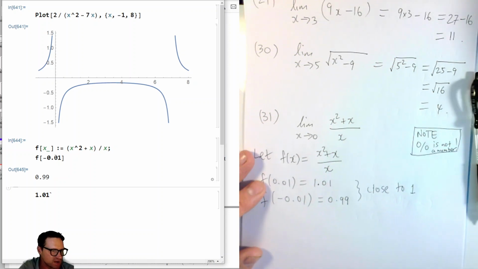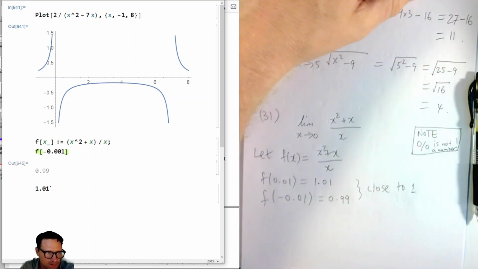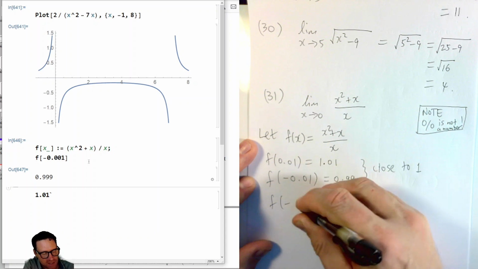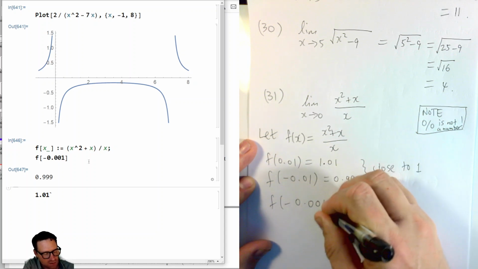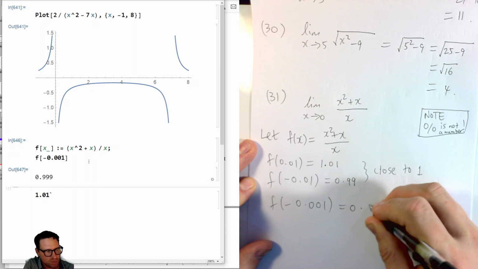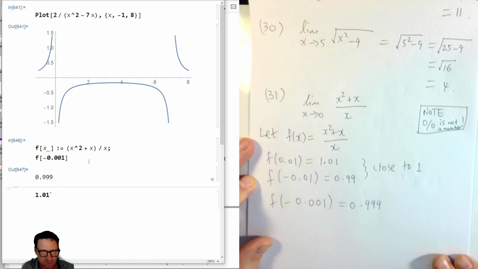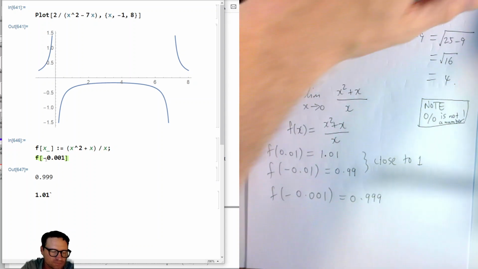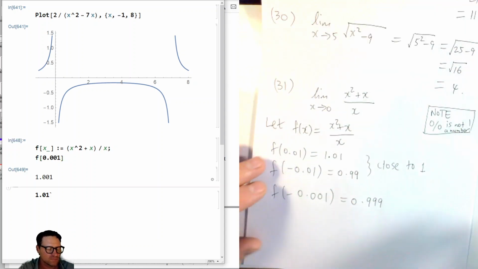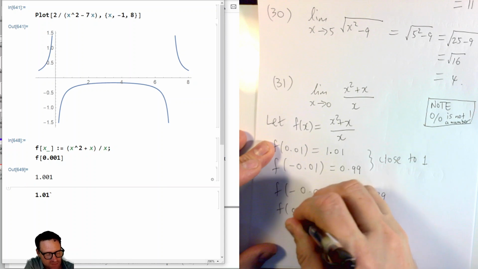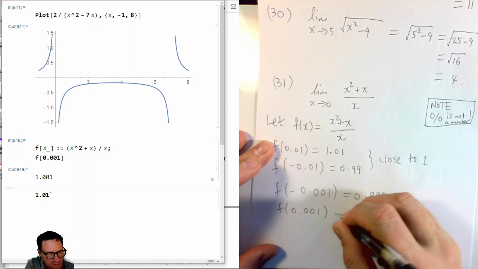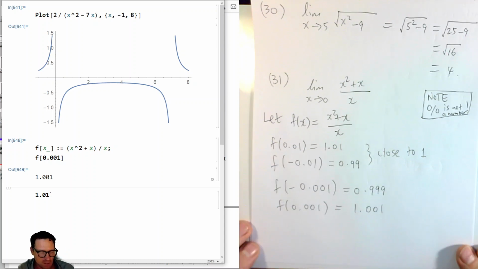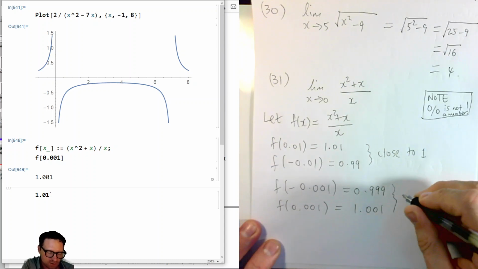So what happens if I add another 0 here? f of minus 0.001 is equal to 0.999, also close to 1. And if I change the sign on this, f of 0.001 is equal to 1.001. So both of these are even closer to 1.